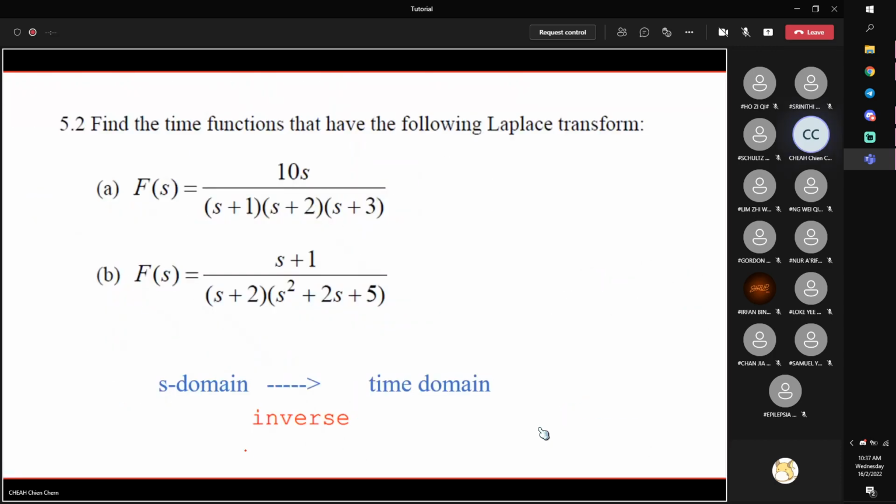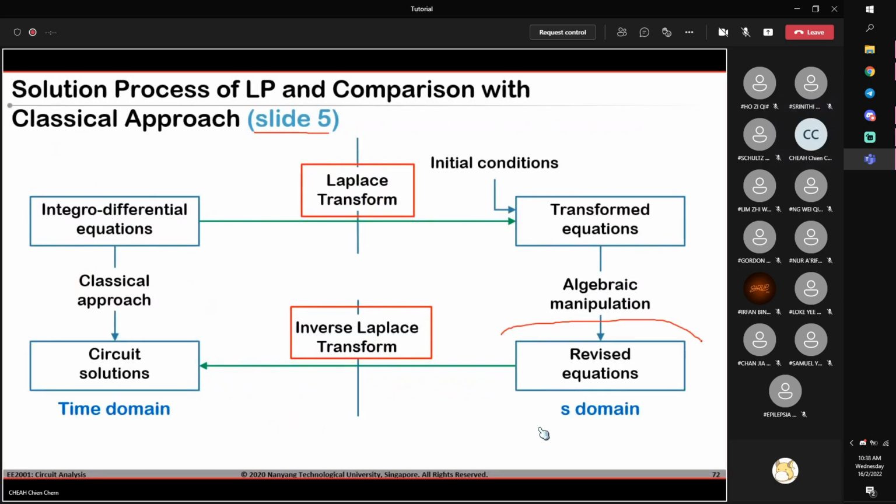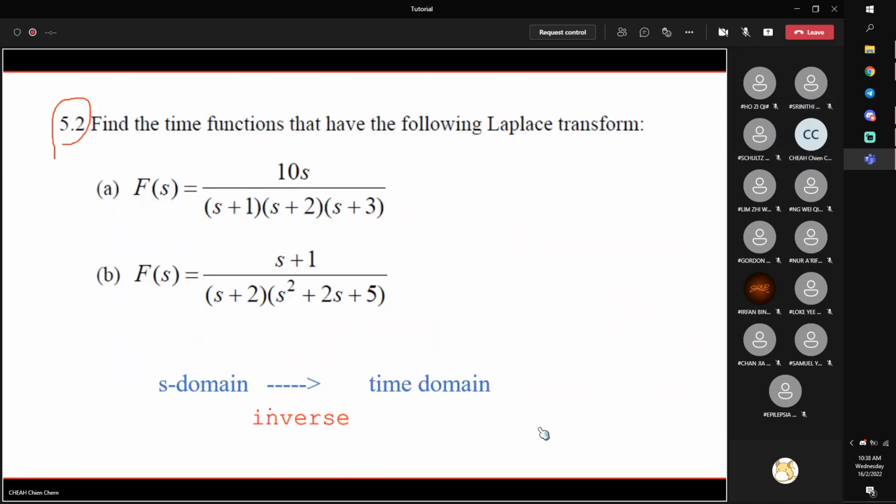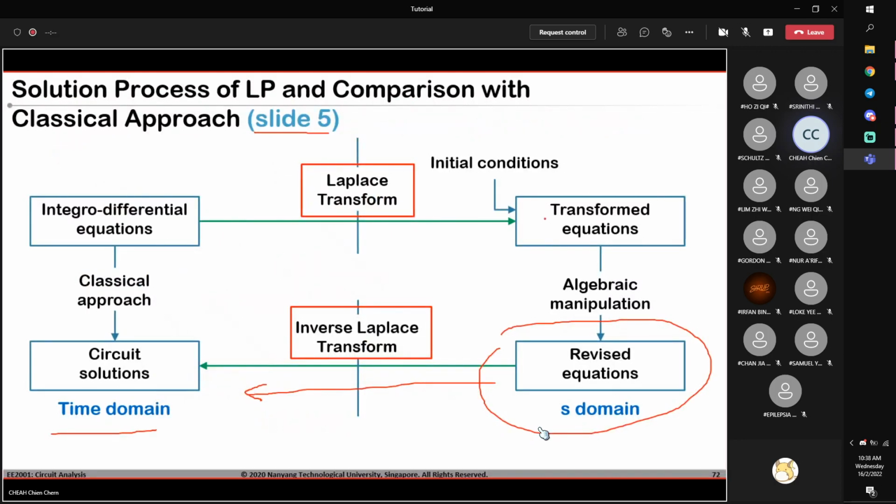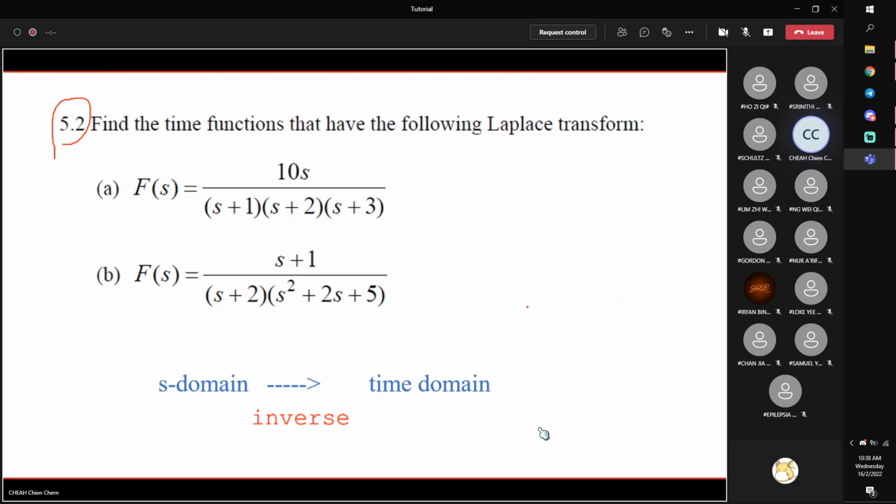So let's look at question 5.2. Now you can treat it as this part. It means that assuming we have done all this, we get some solution. Then we want to take the inverse Laplace transformation to get back the solution in the time domain. However, after this algebraic manipulation, especially for higher order differential equations, you'll find that you cannot take the inverse Laplace transformation directly.